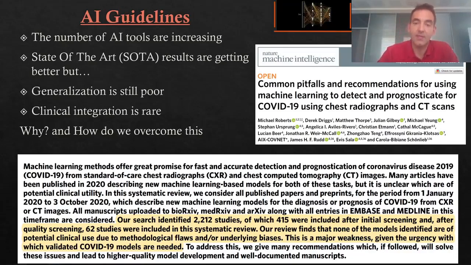And this is stated as a major weakness given the urgency with which validated COVID-19 models are needed. Now, although this article discusses COVID-19, we know that these results, these warnings, are applicable to other applications as well.